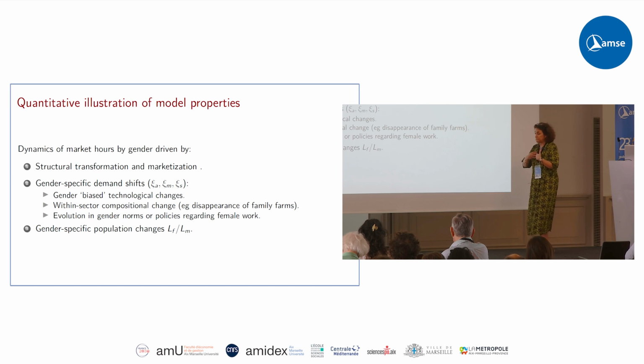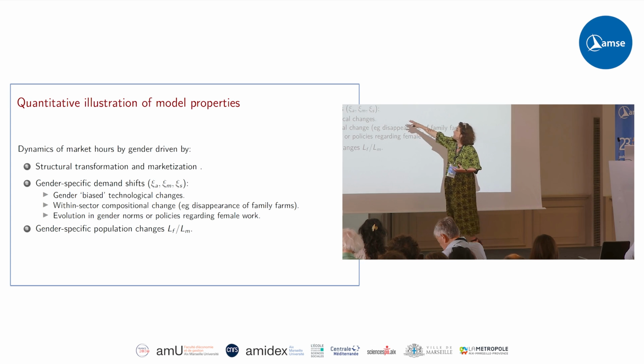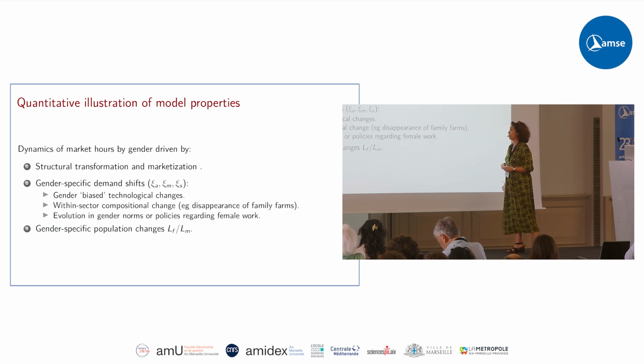Because there has been some gender-specific increase in productivity due to higher human capital investment among women than among men, or because societal norms about female work in different sectors have changed dramatically. So of course there has been a big shift in these gender-specific within-sector parameters.